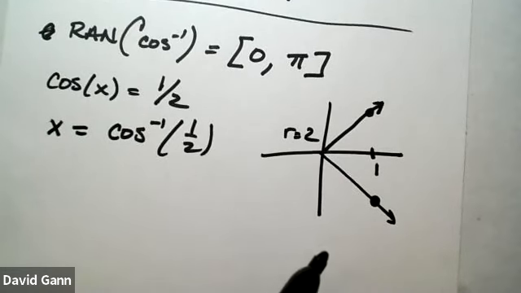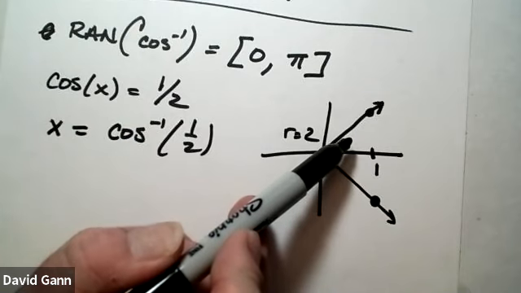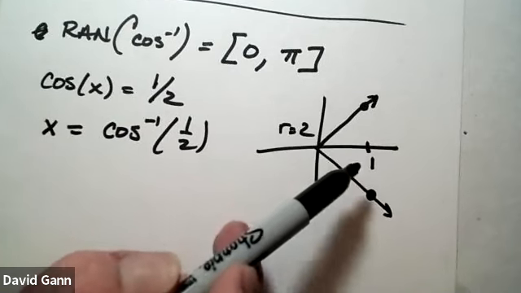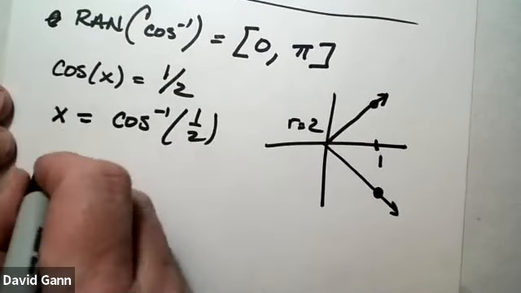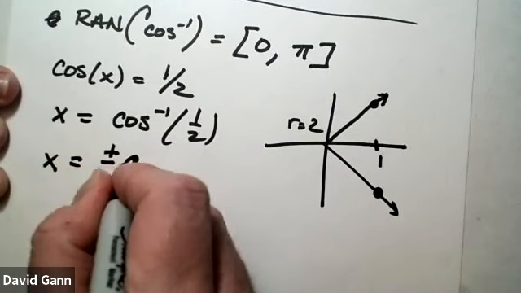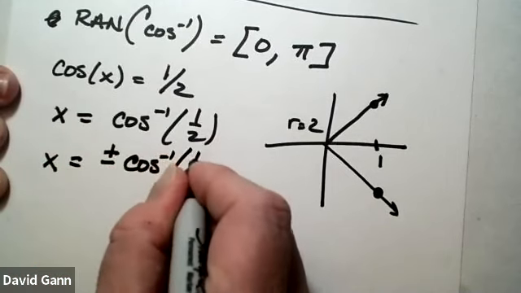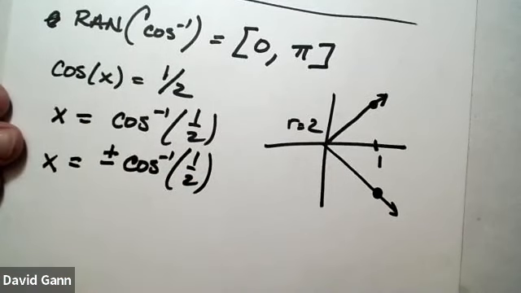Cosine happens to be really easy because the relationship between the principal root and the alternate root is that they just have a difference in signs. So you can write them both as plus or minus inverse cosine of 1/2, which is, what is it for 1/2? That's pi over 3.